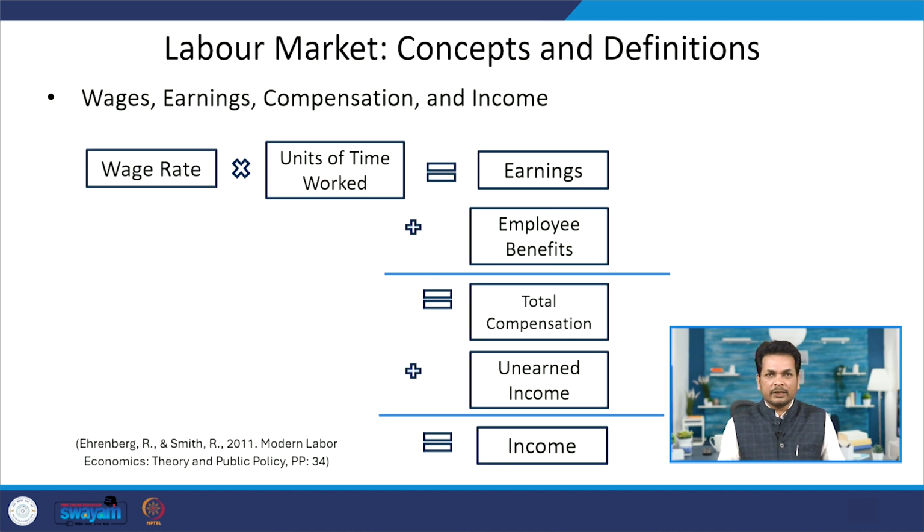Certain concepts related to the labor market we need to understand, like wages, earnings, compensation and income. These are different. When we measure and estimate them, they are different. The actions of buyers and sellers in the labor market serve both to allocate and set prices for various kinds of labor.